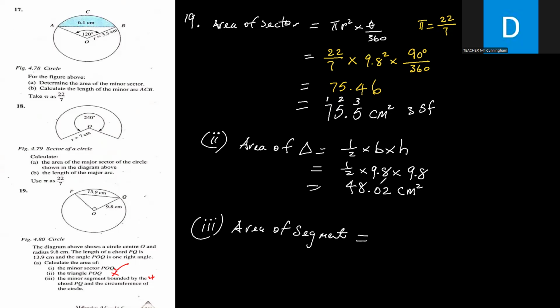Jaldia, correct. All right, so area of segment would be area of your sector minus area of your triangle.